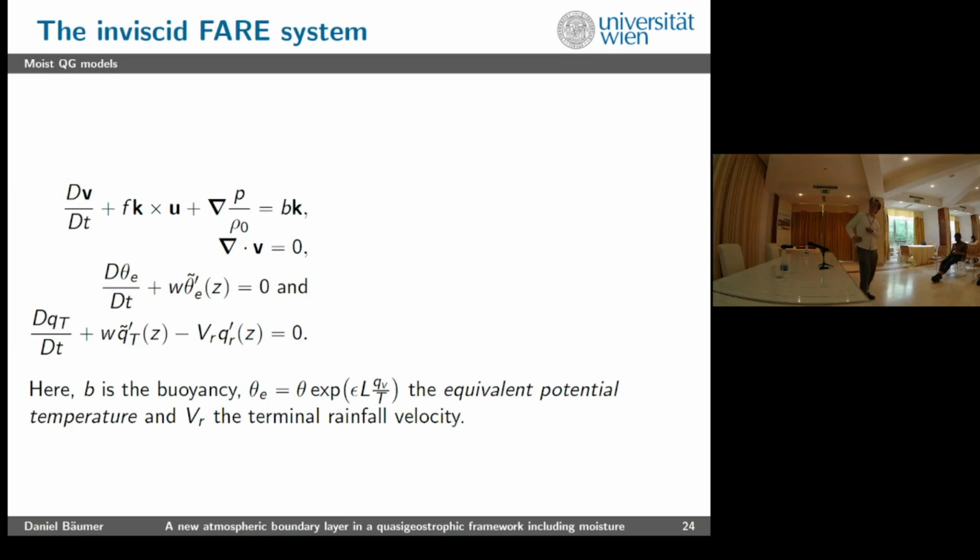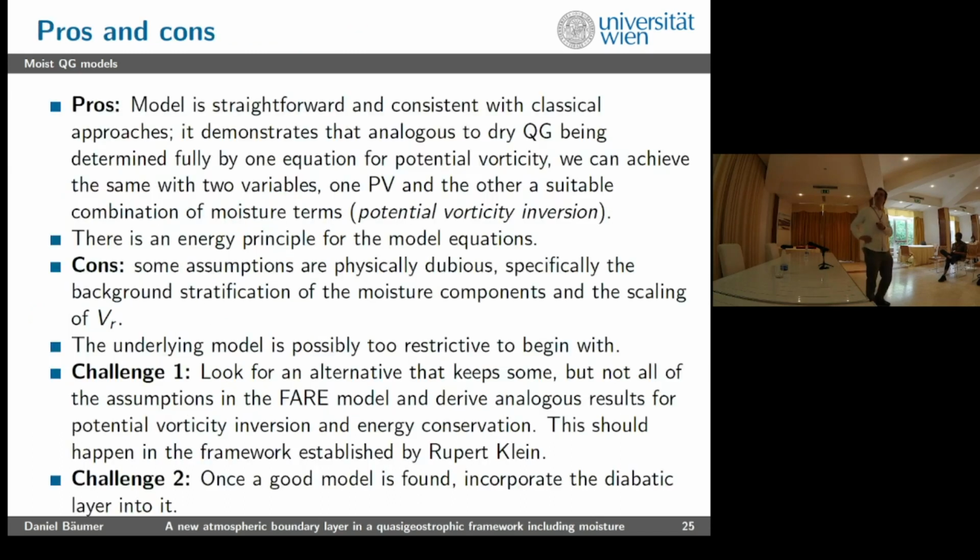And of course, here for precipitation, we have to consider the terminal rainfall velocity, which here is just taken to be constant, and actually its scaling is also kind of controversial. All right, so pros and cons of this model. It's straightforward.